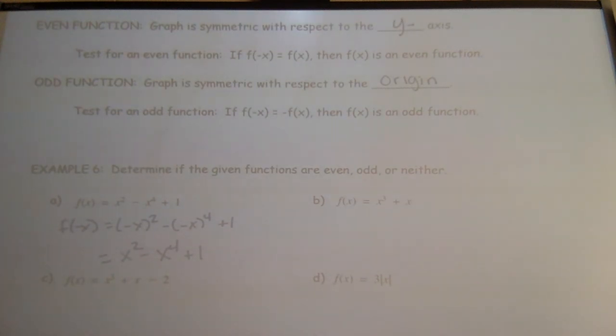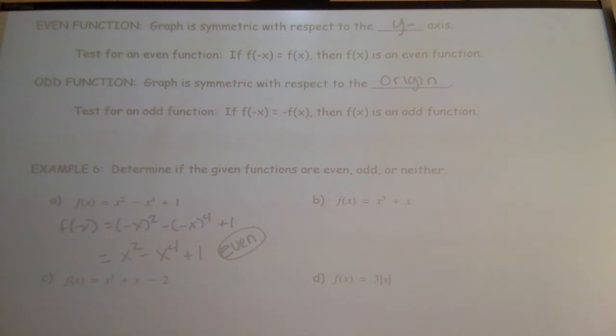So what type of function is it? It's even. How do you know if it's even? Because if I plug in a negative x, and when I do the math and simplify it, I come up with the original function, same sign, same everything, it's an even function. That's what the even function symmetry states.